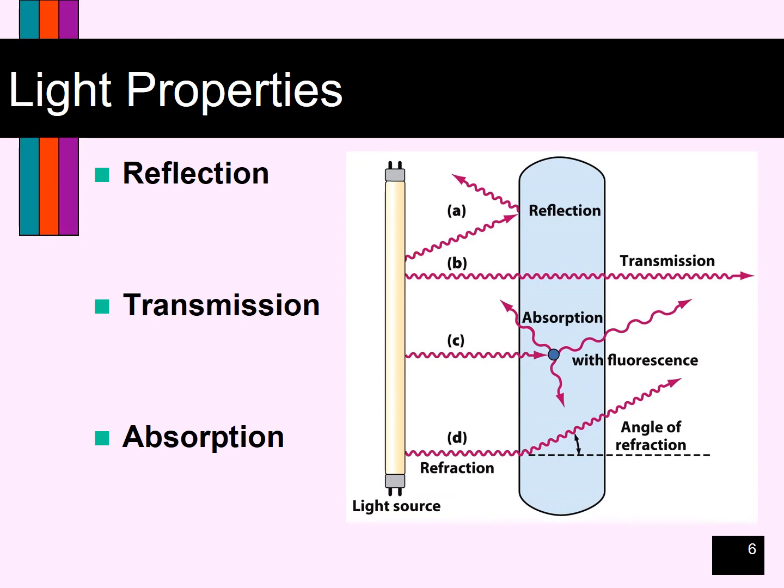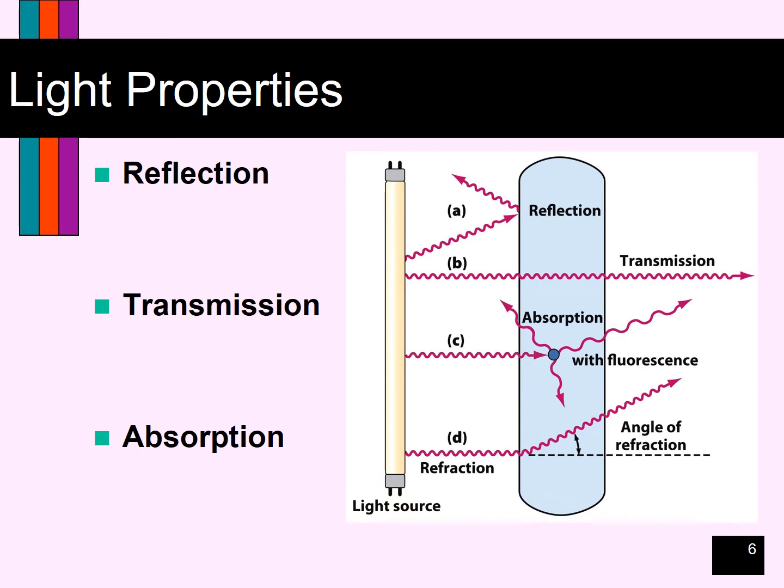All right, we'll see with the compound light microscopes that light is actually transmitted through our specimen and collected by the objective lens. Light can be absorbed at one wavelength and transmitted at a different wavelength with fluorescence, all right? And that's what's happening with the UV light microscope.